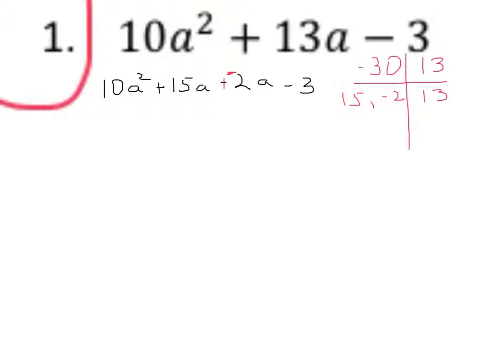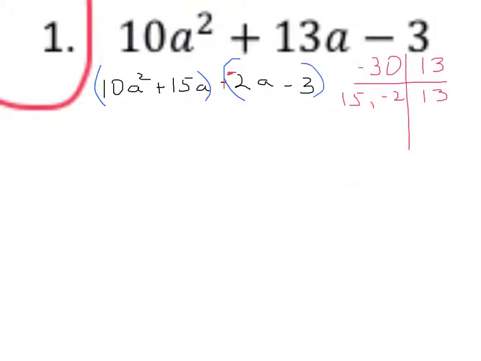So we have 10a squared plus 15a plus negative 2a minus 3. You don't have to do that for the minus 3. So now we're ready to group. The plus sign stays outside of the parentheses.